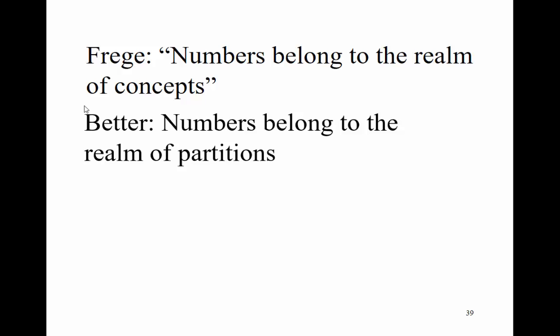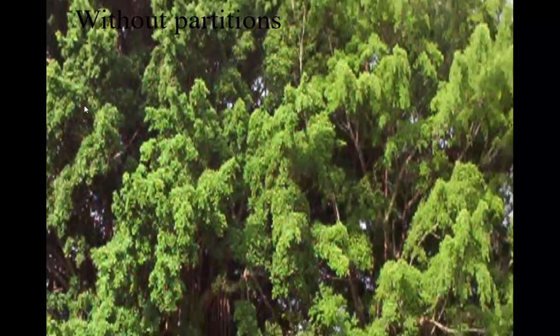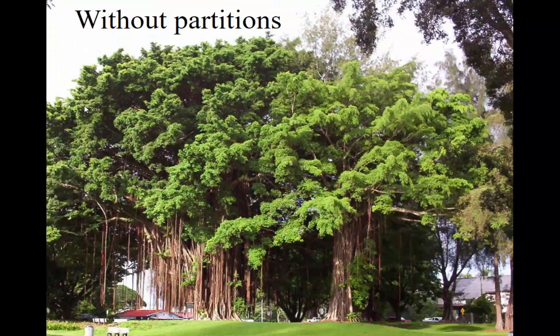I also don't think that all partitions correspond to concepts in any reasonably well-defined sense of concept. But that's another story. All right, so that's what we have without partitions. There's more animation for you. So how many are there here? So what's the number of this?